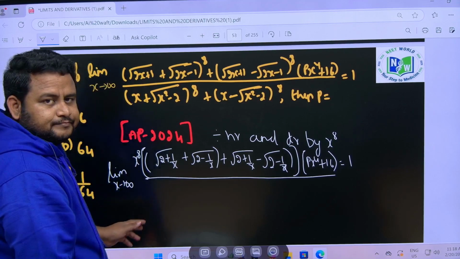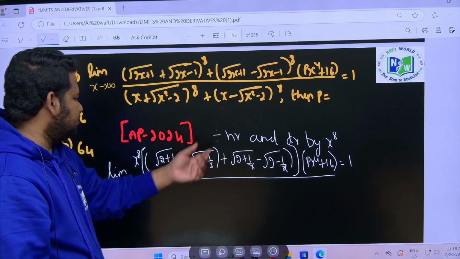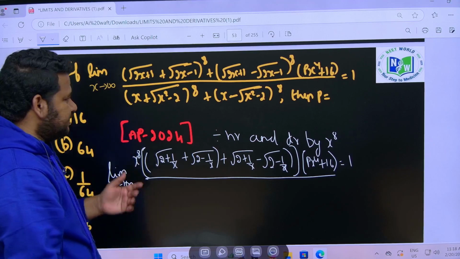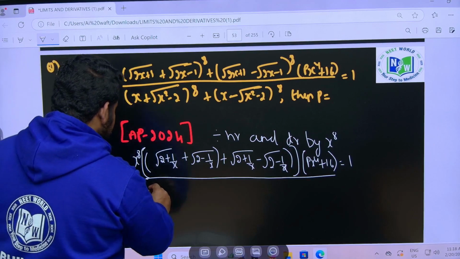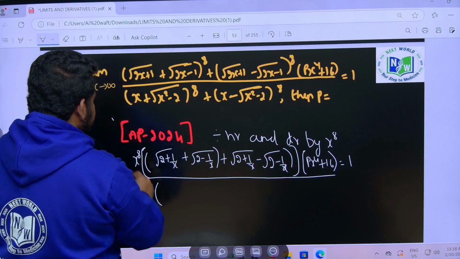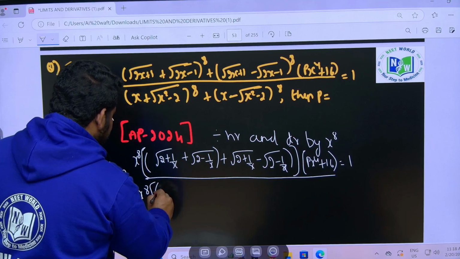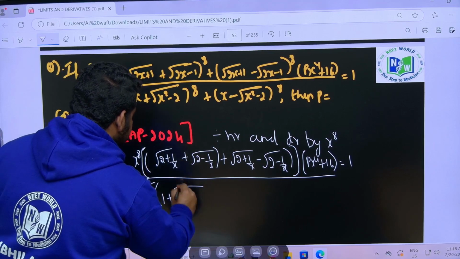Either you can divide numerator and denominator by x power 8, or if you take it common directly you can get it. So if I take x outside here, this will be x power 8. This will be 1 plus x square.